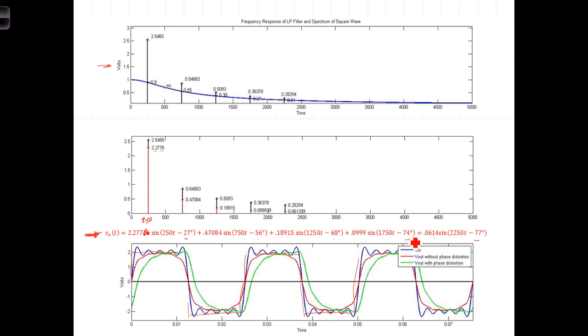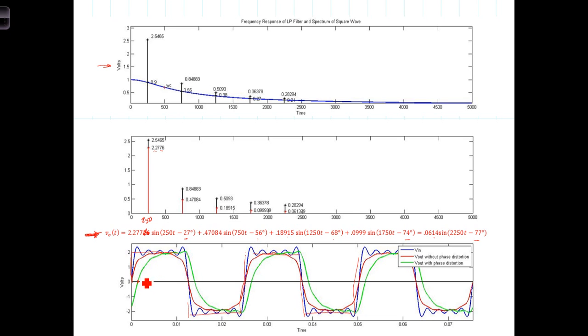Notice that at t equals 0, the square wave would have just shot right up. You'll notice that there is a phase shift, approximately 27 degrees, of this fundamental or lowest frequency. See, this lowest frequency is the same frequency as the square wave. That's what's known as the fundamental frequency of this square wave signal. And there's a phase shift.